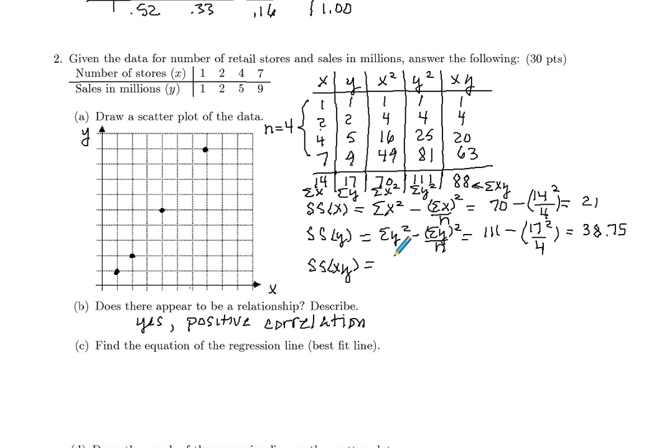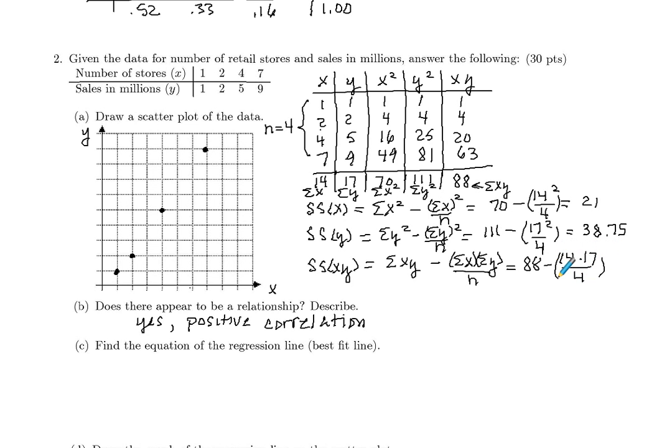And then the sum of squares of xy, that's the sum of the xy minus the sum of the x times the sum of the y, divide by n. So the sum of the xy's is 88 minus sum of the x's, sum of the y's, so it's going to be 14 times 17, and that gets divided by 4.